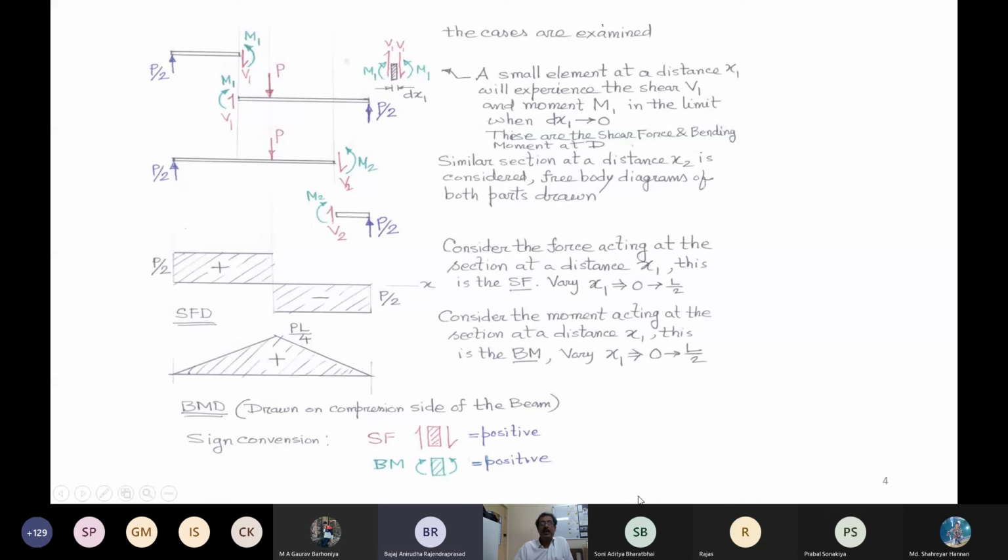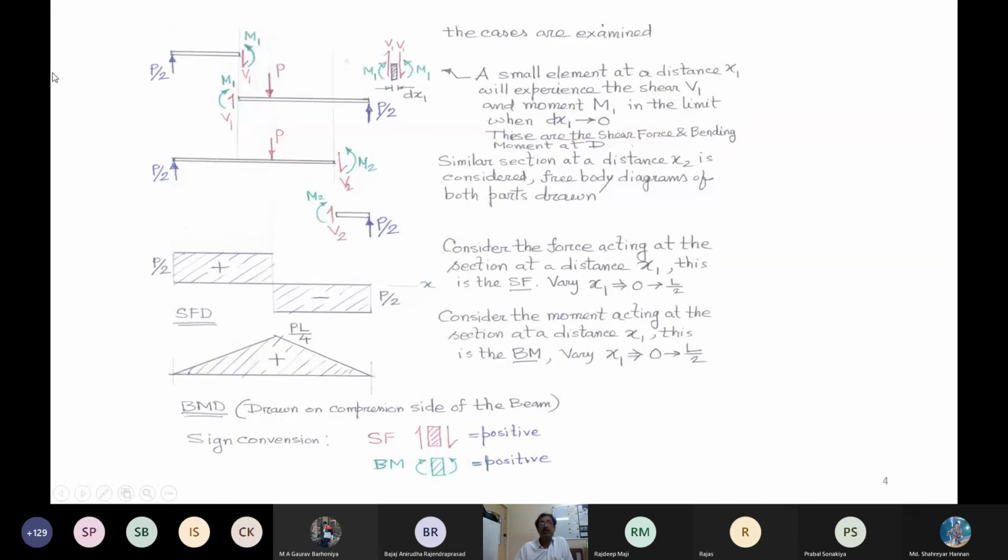Okay, sir. How will we calculate the value of M1? For M1, you take moments about the point where V1 passes. If you take moments there, V1 cannot create a moment. M1 is a moment, not a force, so moment is a free vector.